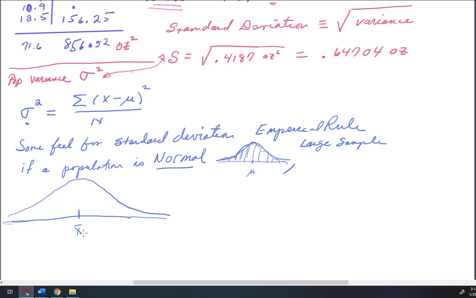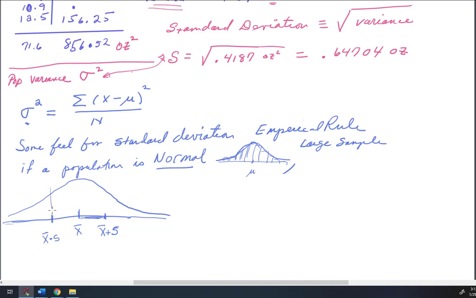Now remember the standard deviation is the same units as X bar, so I have no problem chopping off a little piece of the real number line that would be one standard deviation in length. If I did that, I would be at X bar plus S, one standard deviation. That's not a 5, that's an S. Then I want you to come down the same amount, and you would be at X bar minus S.